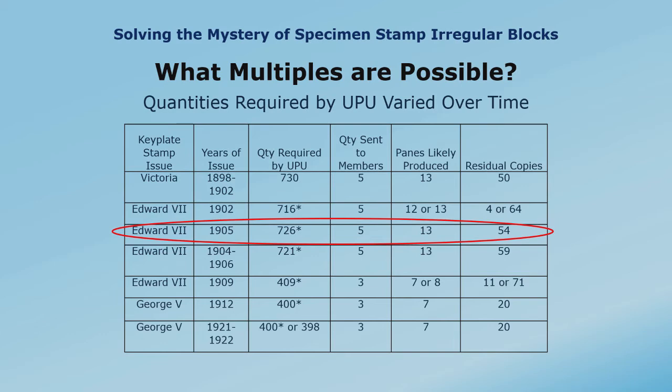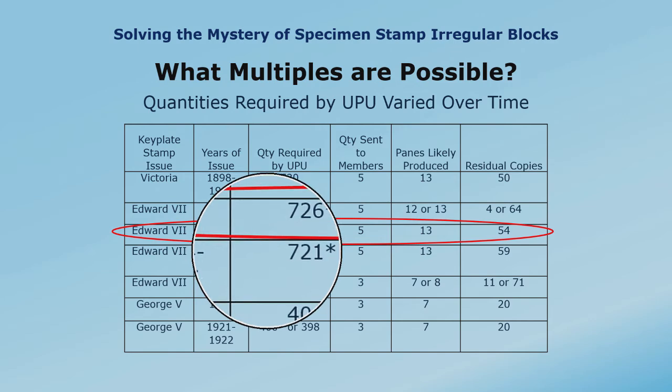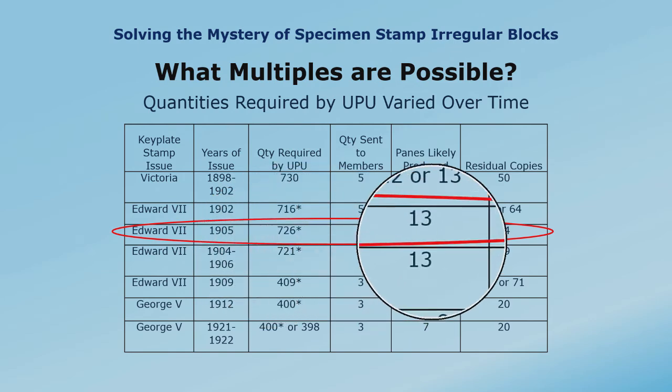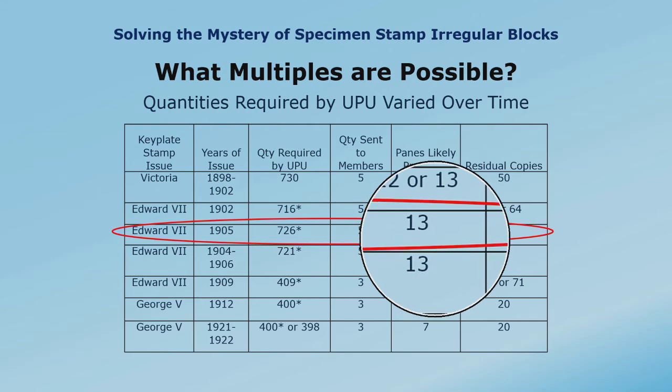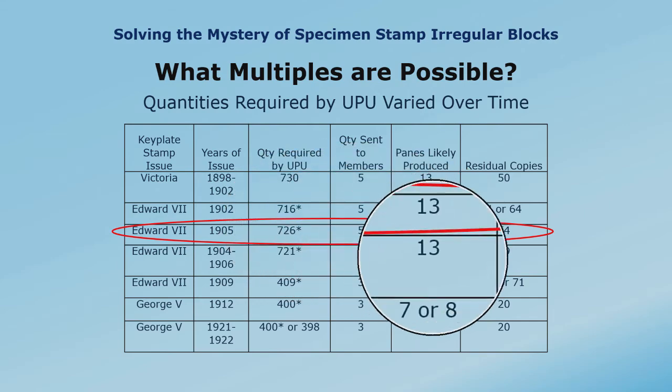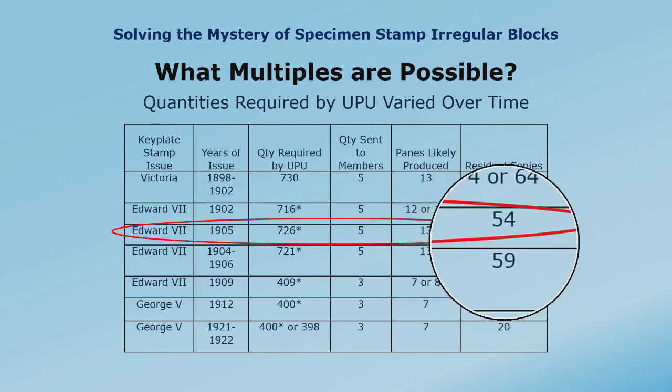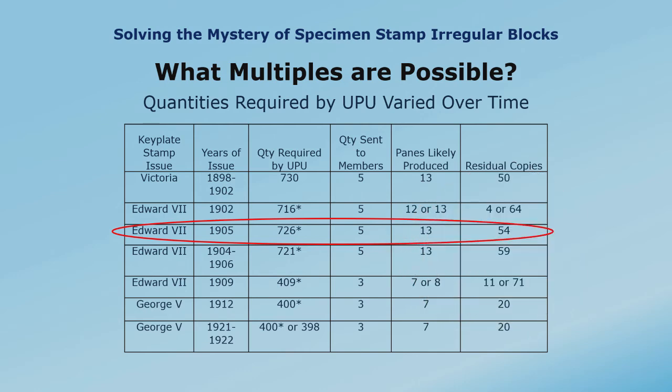That odd number, the one stamp being the one that was retained in the UPU's archive. So we needed 726. That would have been 13 sheets, but 12 sheets would have given me 720, so I needed 6 more. Well, I'm not going to produce a partial sheet of overprints. The printer produced a full sheet of overprints and retained 54 for their archive.